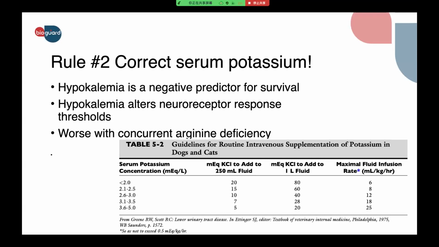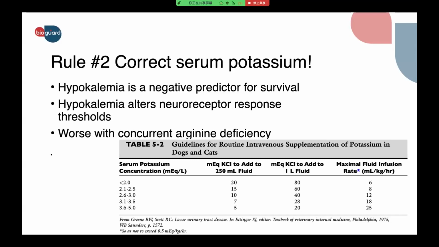So we need to correct the potassium at the same time. We can add potassium chloride in the infusion fluid to correct the hypokalemia. This is an important thing.